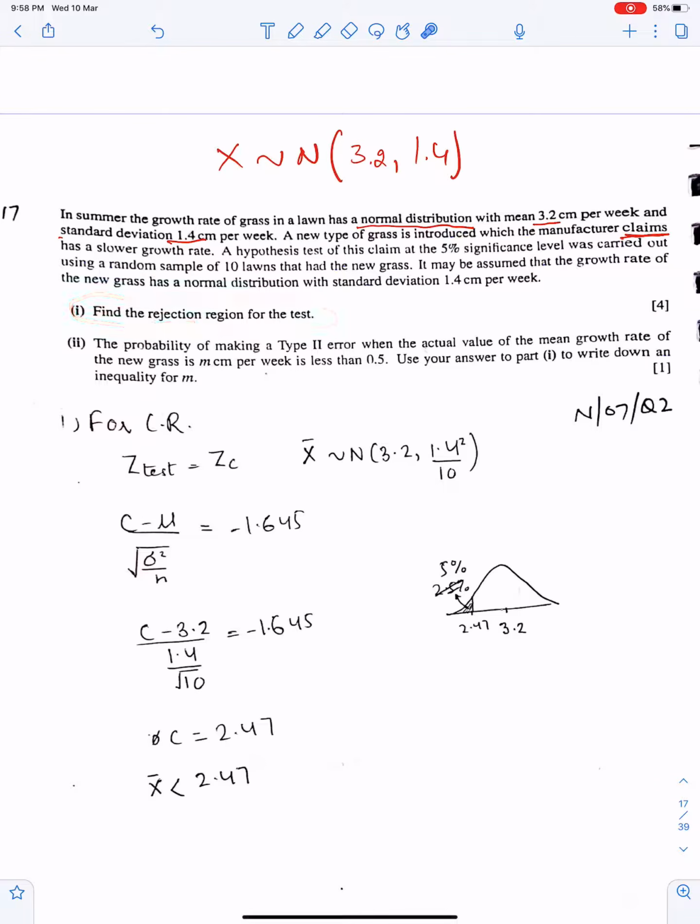This is so simple, you just need the critical region C. And this is the formula for finding the critical region in a normal distribution. You just need to write Z test equals Z critical. And 5% means this area. The critical region is at the lower side. When you check 5% from your calculator or table, you'll get the value of minus 1.645.